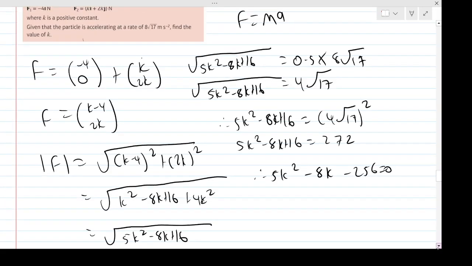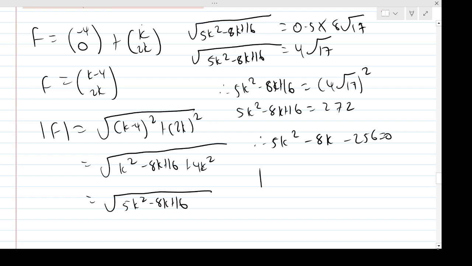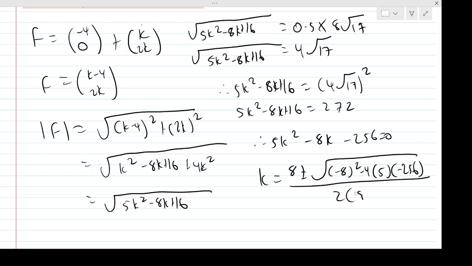If I then do the quadratic formula, it's going to be 8 plus or minus the root of minus 8 all squared minus 4 lots of 5 lots of minus 256, all over 2 lots of 5. If I work that out, I get k is equal to 8, or k is equal to minus 6.4.